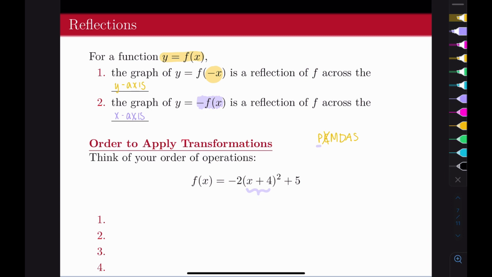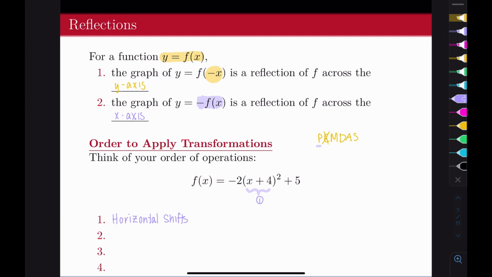So the very first thing I need to do is that horizontal shift because it's attached to x. So you always want to start with your horizontal shifts. Okay. Then after I've gone inside those parentheses, I can deal with multiplication and division, which is like timesing it by a half.